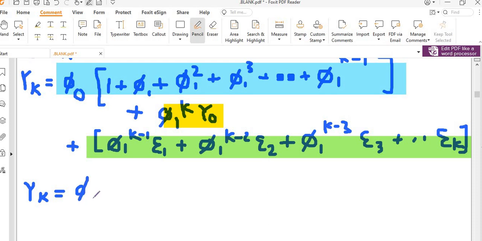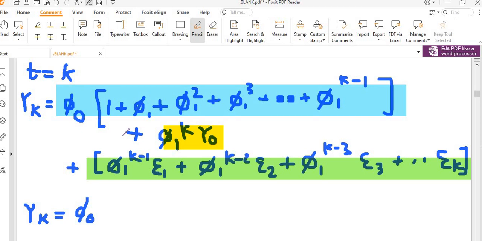Phi naught. So this looks like a series, like an AP series. It's a GP series, sorry. So 1 plus phi 1 plus phi 1 to the power 2 plus phi 1 to the power 3, that's a very common series, and we all know that if we want to shorten it, we can do so.